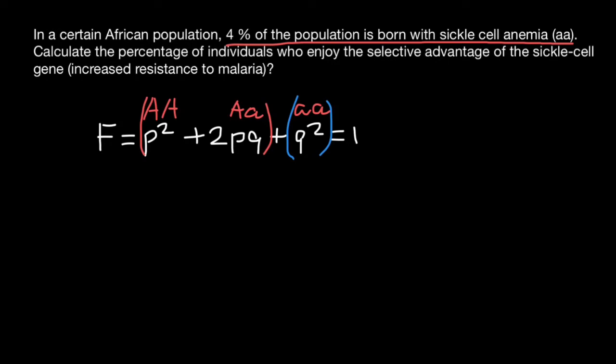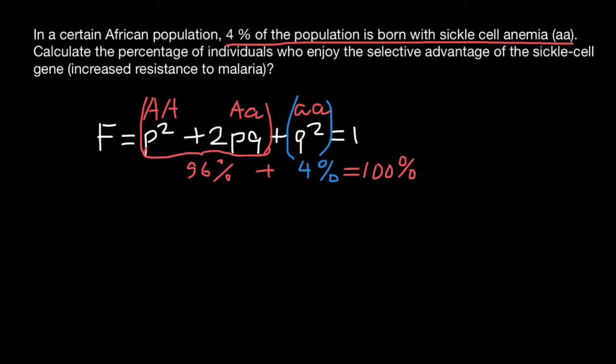And according to our problem, we know that 4% in this population belong to this genotype and phenotype and express this genetic disorder. And that also means that the rest in this population, 96%, are going to belong to these two genotypes. And if we add these two numbers, we are going to get 100%.